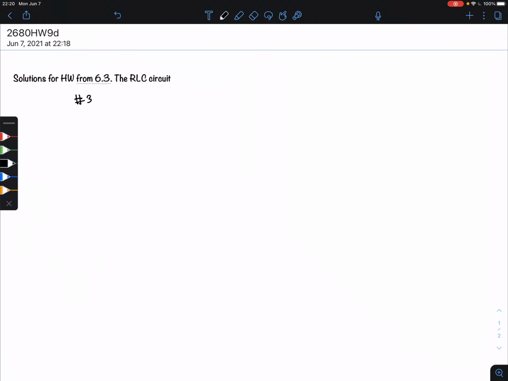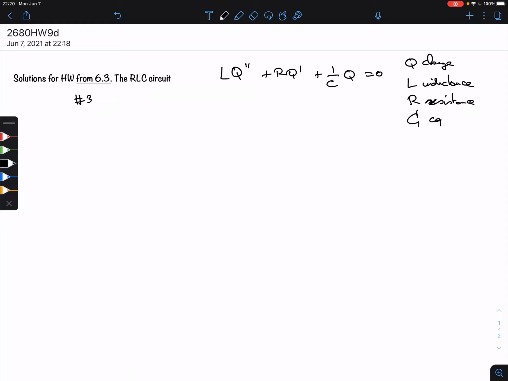Welcome again. The homework is for the RLC circuit. So I remind you of what the differential equation is: L Q double prime plus R Q prime plus 1 over C Q is 0, where Q is the charge, L is the inductance, R is the resistance, and C is the capacitance.